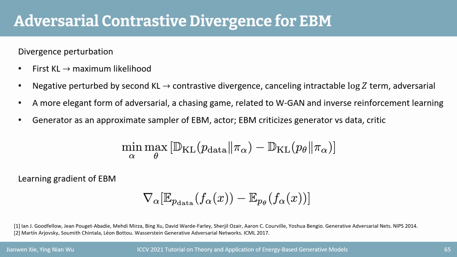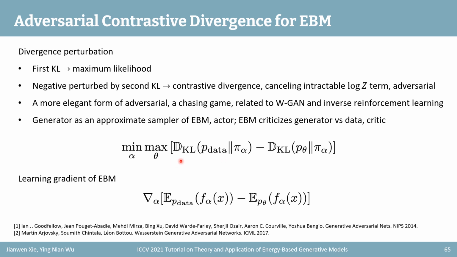We now try to understand the joint training for energy-based model and the generative model, again, from the divergence perturbation perspective. And in fact, we can focus on this formula. So P data is a data distribution, and pi alpha, again, is the density of the energy-based model with the parameter alpha, because we use theta as a parameter for the generative model, P theta.